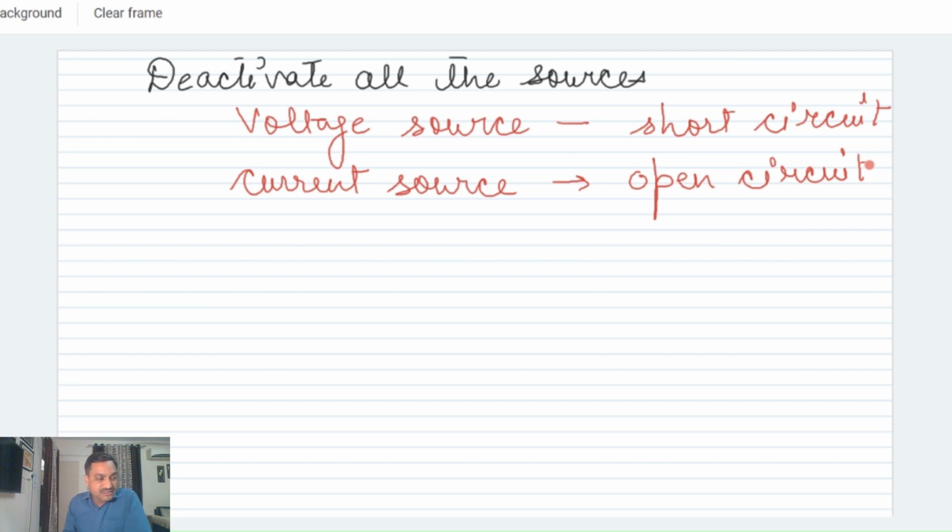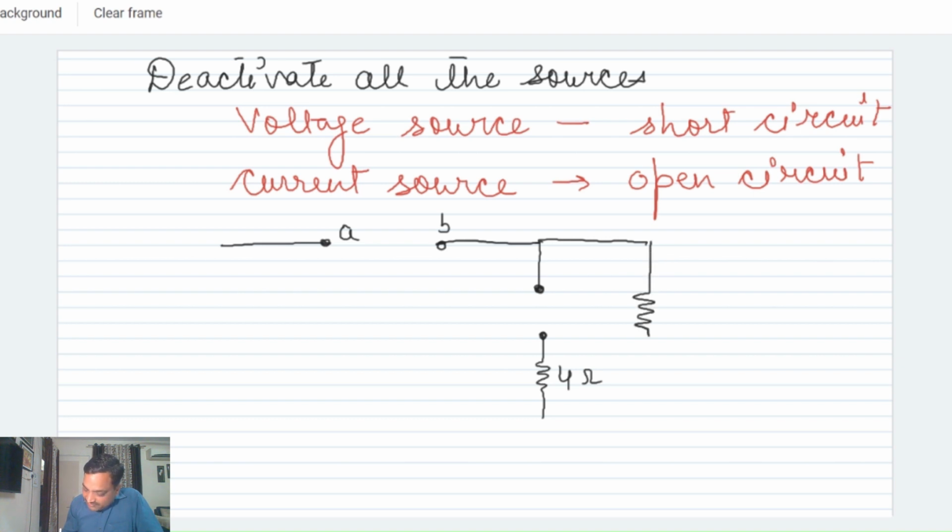After deactivating the sources, the network which remains will look like this, with A and B as two open terminals. There is a current source in this branch, so it will be open, and there will be a 4 ohm resistor. Then in the second branch there is a resistor of 9 ohm.